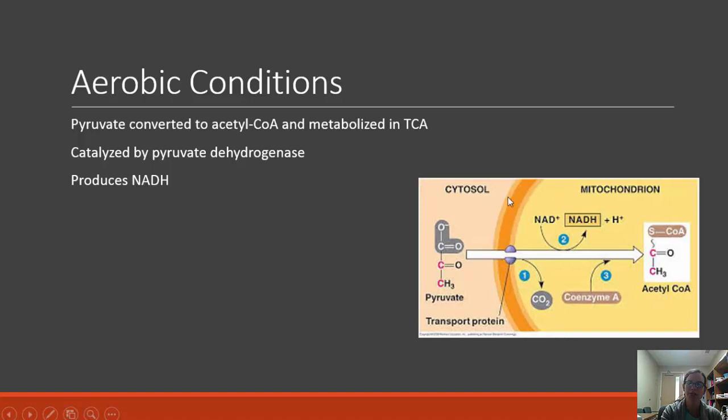Okay, so here's our mitochondrion, here's our outer membrane, here's our inner membrane, here's our cytosol. If we have oxygen, the pyruvate is going to come into the mitochondria and be transformed to acetyl-CoA. And you can see that this reaction does produce an electron carrier.